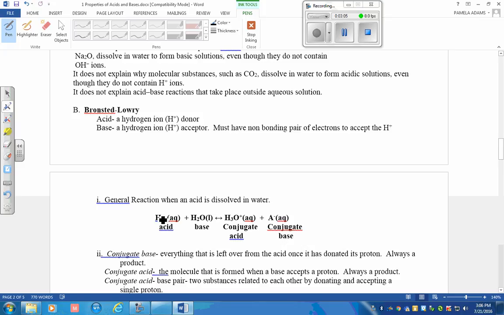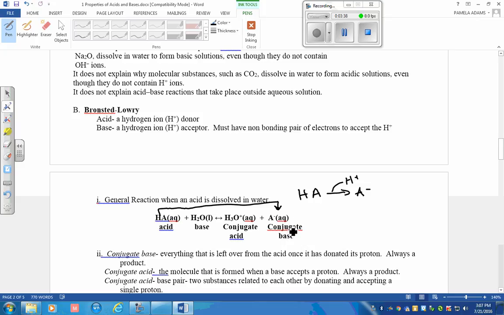So here we have HA, which would be the proton and an anion, and we try to find what it looks like on the other side of the arrow, and we see the difference is it has turned into an anion. What is missing? The proton. The proton has been lost. It has been donated. So this is the Bronsted-Lowry acid.